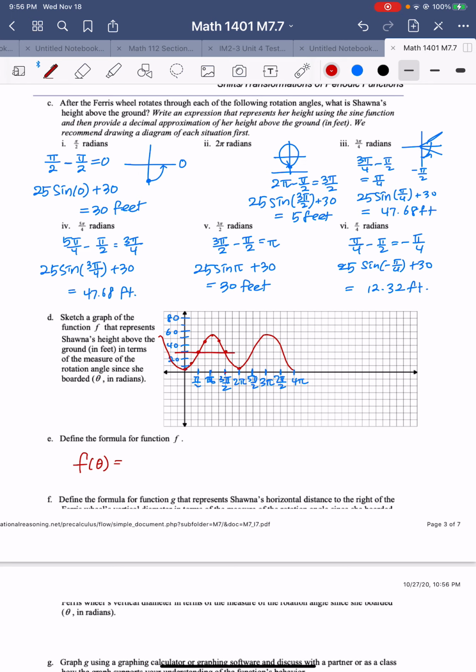It went up to 30, 55, so 25 is the amplitude, sine up. But this time she is shifted by pi over 2, and the midpoint is 30. So that's how you write it for the sine function. Okay, I think that'll be all. Thank you for listening.